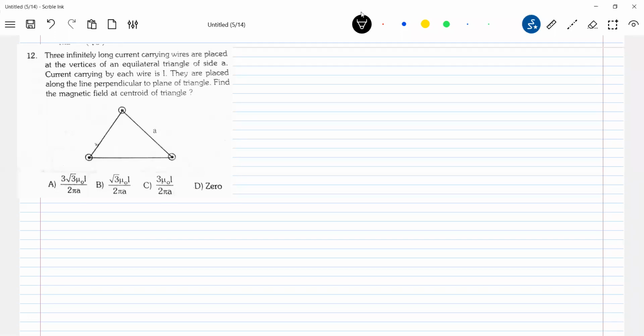What is the field strength due to all three wires will be the same. So it's better you draw the triangle and lines of force, take help of that one. Don't fight with the formula here. Take help of the lines of force.